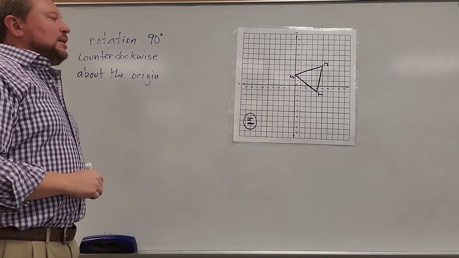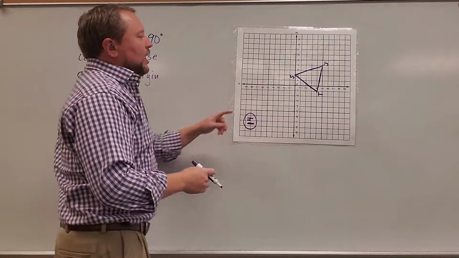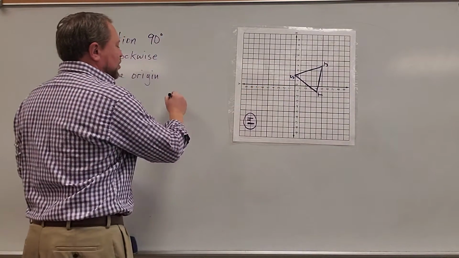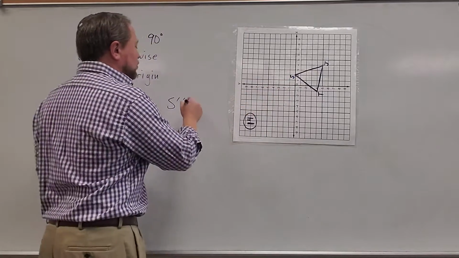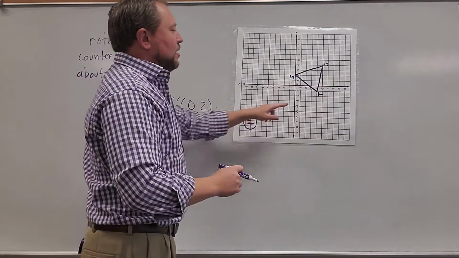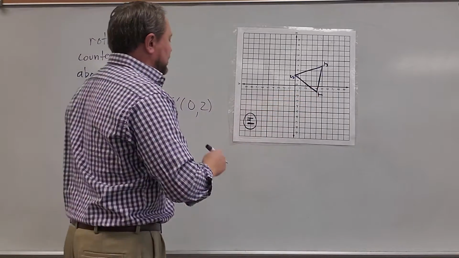Okay, so I need to jot down my coordinates that I see here. So I've got my new S, or S prime, located here at 0, 2. My new T is here at +4, -1.